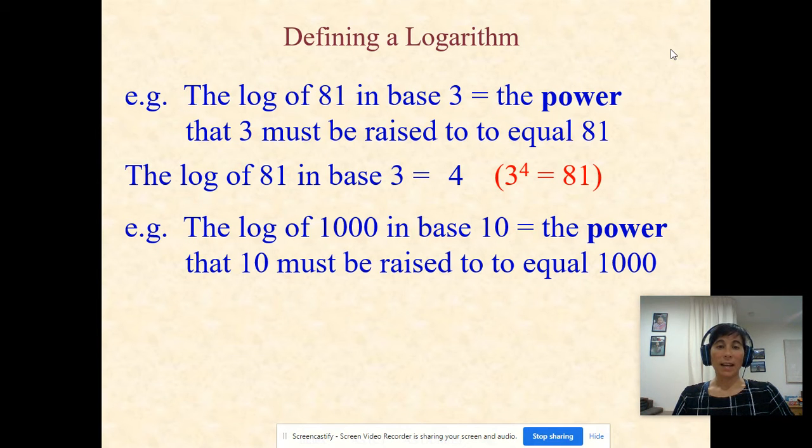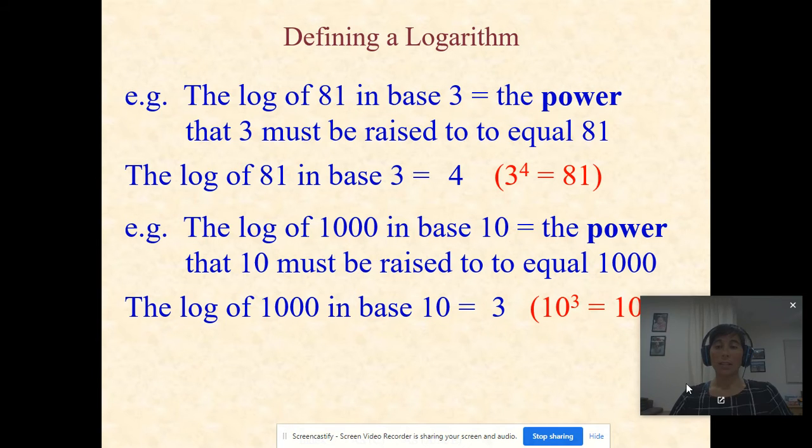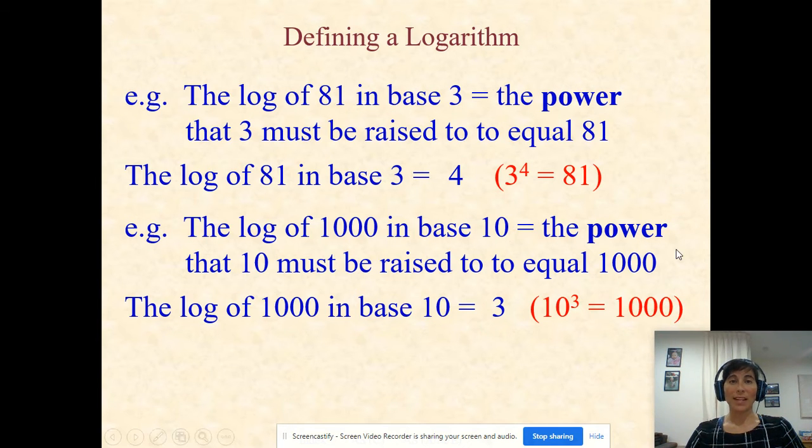The log of 1000 in base 10 is equal to the power that 10 must be raised to equal 1000. What would that be? So the log of 1000 in base 10 would be 3 because 10 cubed is equal to 1000.